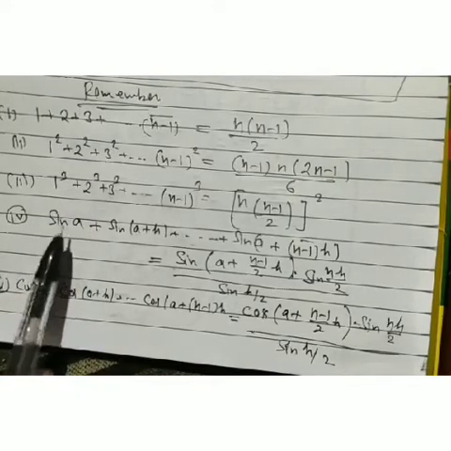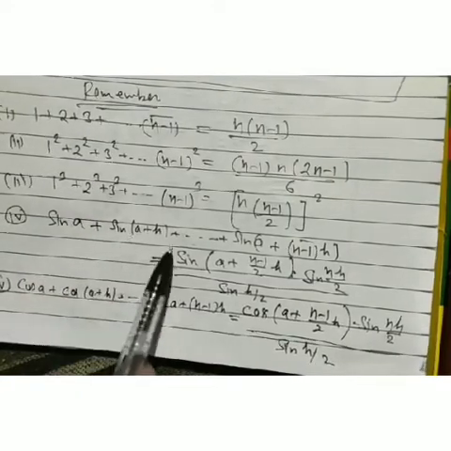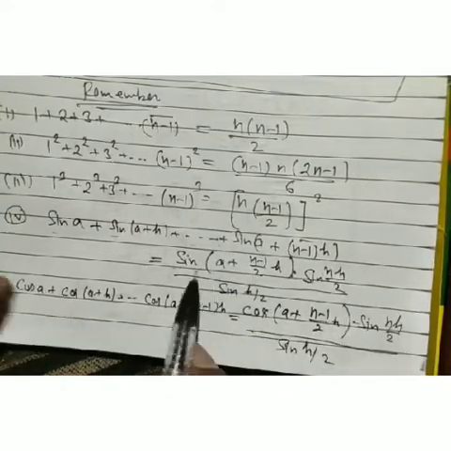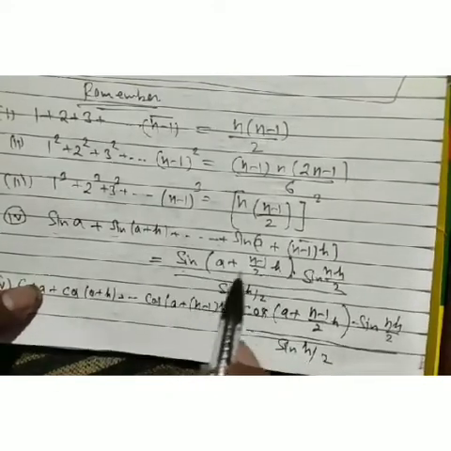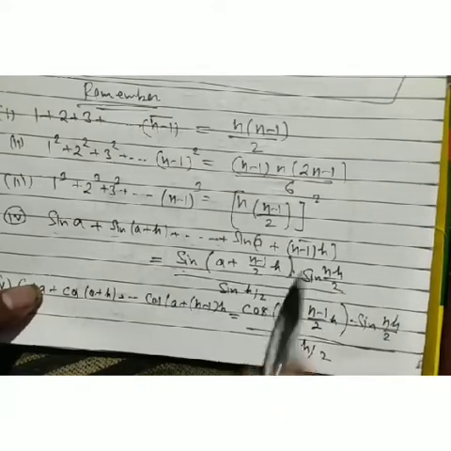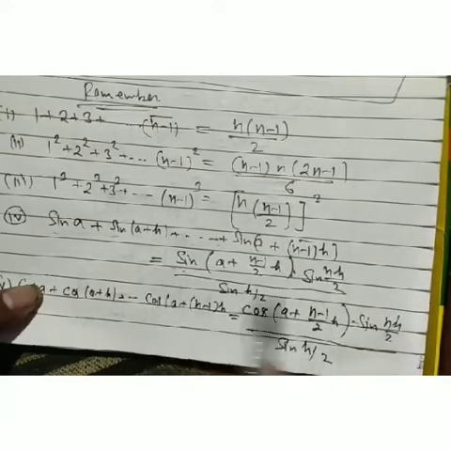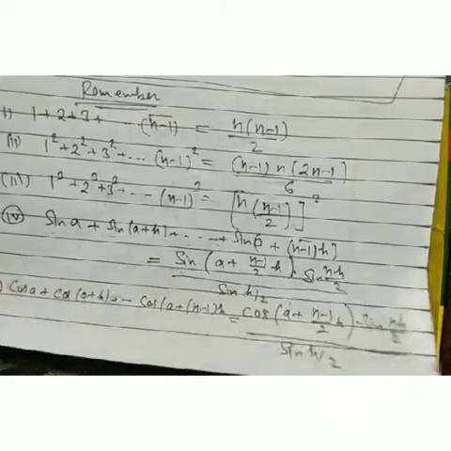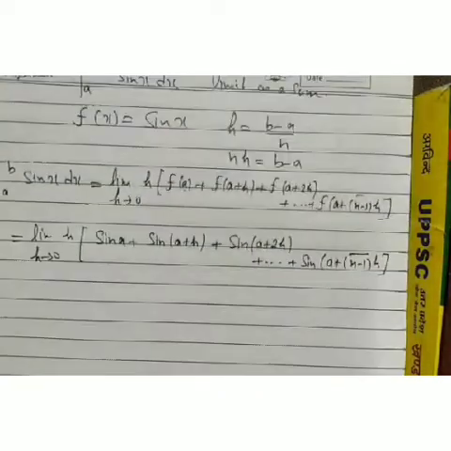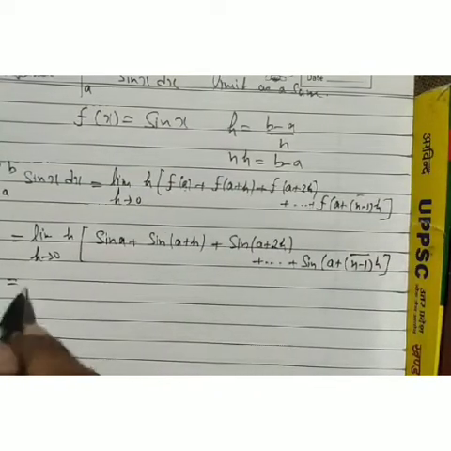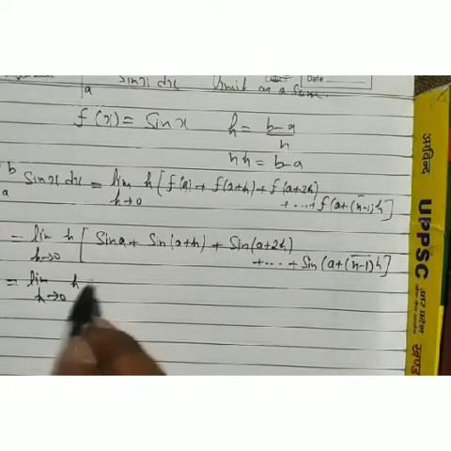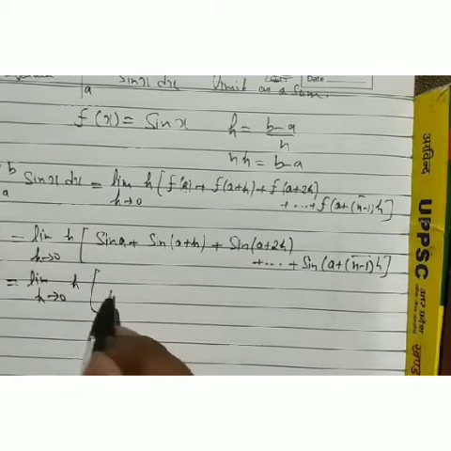Now it's sine a plus sine a plus h up to sine a plus n minus 1 h. Now its value is equal to what? It's sine in bracket a plus n minus 1 by 2 into h into sine nh by 2 divided by sine h by 2. We are just going to use this value of the summation here. Now we are going to change this summation by this value. Now we have limit h tends to 0, h, and this whole sum is changed by what we have?